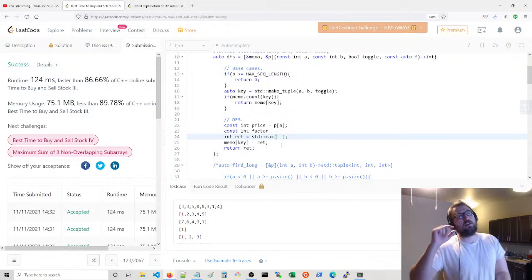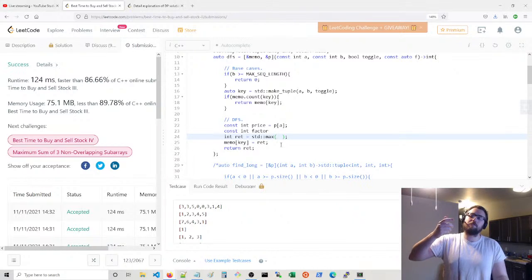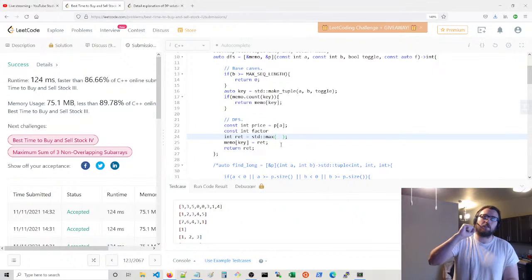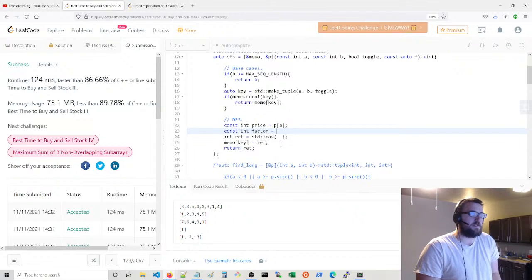So the key observation is we're going to say either we include this part of the sequence or not. If we include it, we have to get the factor, which is to turn your toggle into an integer, multiply it by 2, or bit shift that to the left by 1, and then subtract 1.